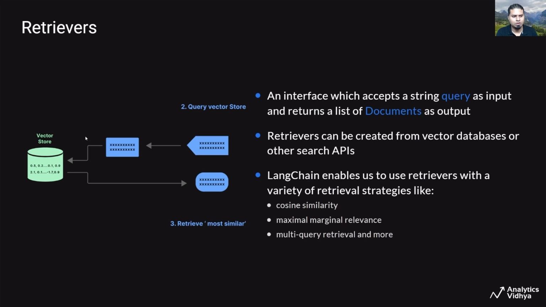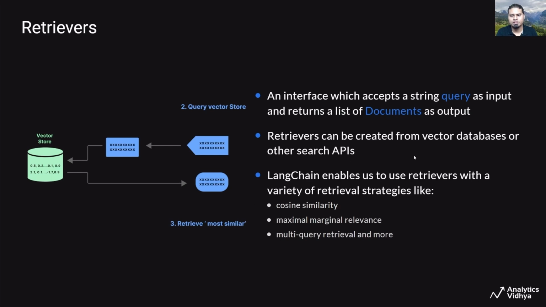The question will go into the vector database. The vector database will use its embedding model to transform the question into an embedding vector. It will then look up and see which embedding vectors are most close to that question's embedding, and then it will return the corresponding document chunks whose embeddings were closest to the question's embedding back to the user. So the idea is to query the vector store and retrieve the most similar documents based on your input question.